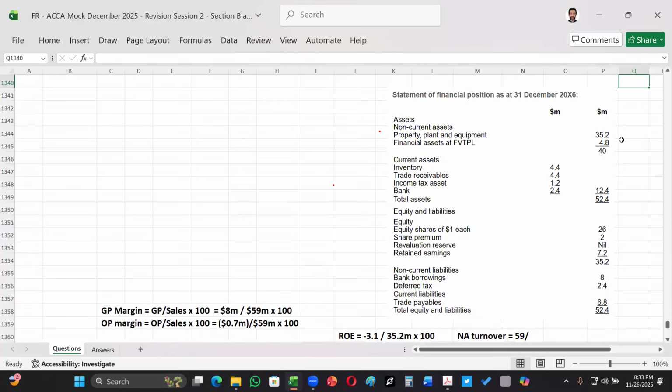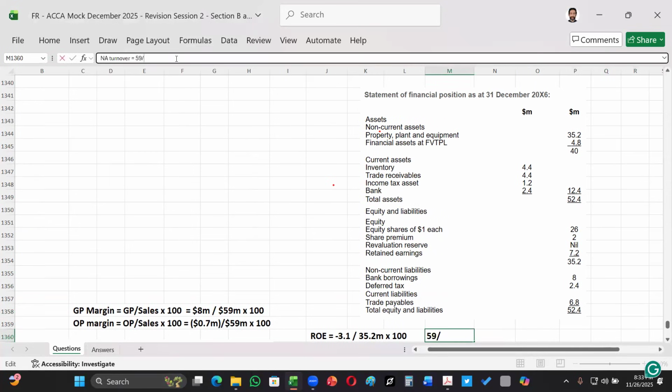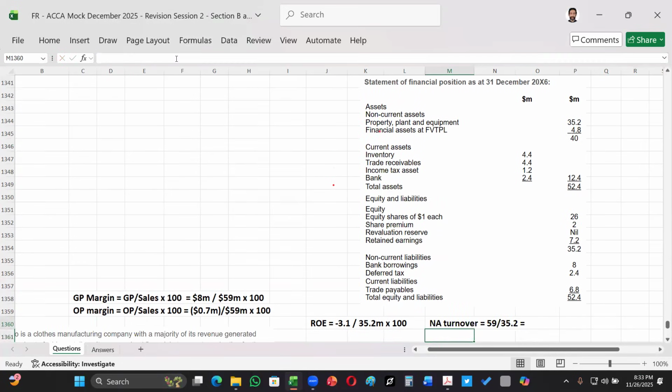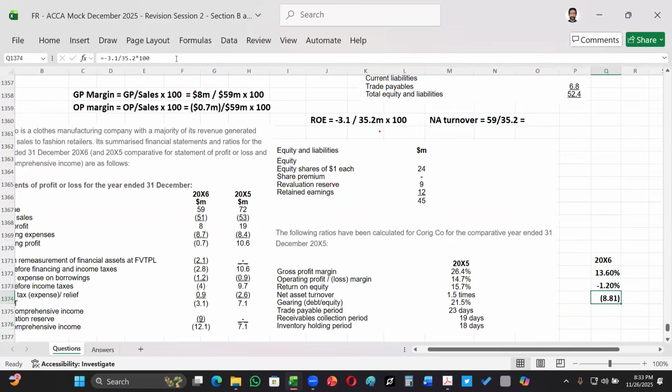The non-current assets for the year 31st of December are 35.2 million. So we need to scroll up a bit, or we could just bring down these figures here. That is 35.2. So we could say that the net asset turnover is going to be in times. Let's see the net asset turnover.